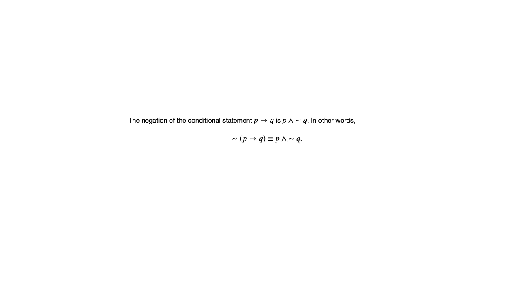So using the notation we saw for logical equivalence, that's going to say that the negation of if P then Q is logically equivalent to P and not Q. So let's look at our specific example. If we start with if x equals 2, then y is greater than 3, the negation of that would say x is equal to 2 and y is less than or equal to 3.